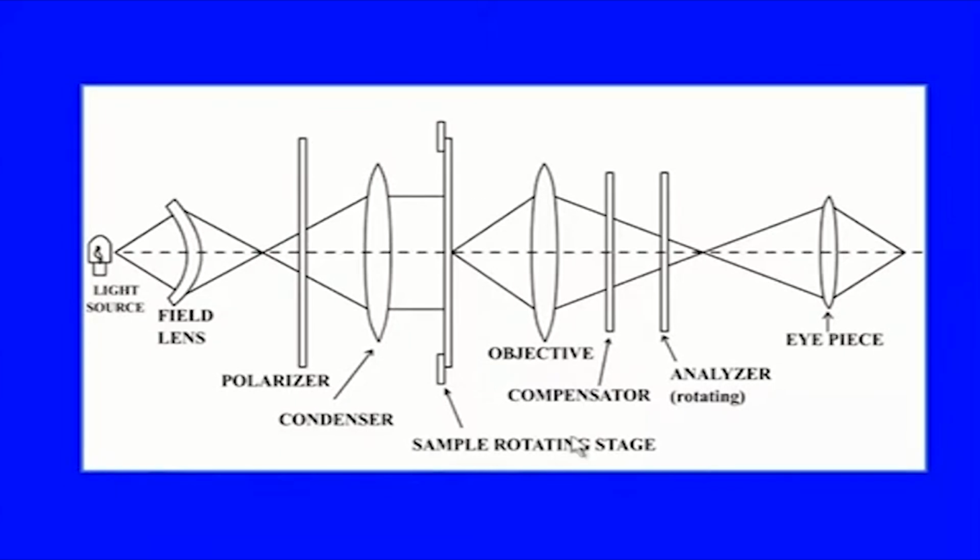Now, the objective will focus the rays from the specimen onto the analyzer, and the analyzer will allow certain light, like we have discussed earlier, to pass through.